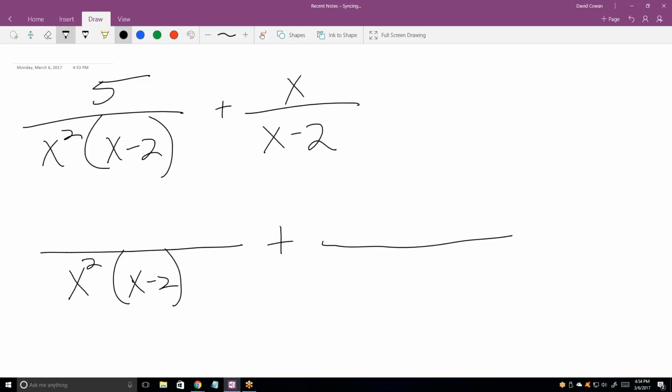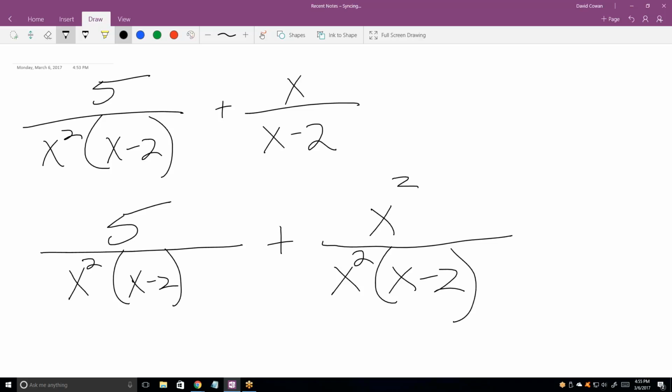So the upper left is still that. What's the upper right if that's the least common denominator? x times x squared, so x cubed. And notice how easy it is to check to make sure you haven't changed it.